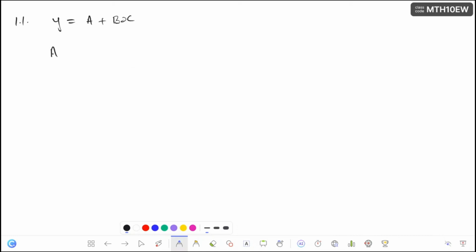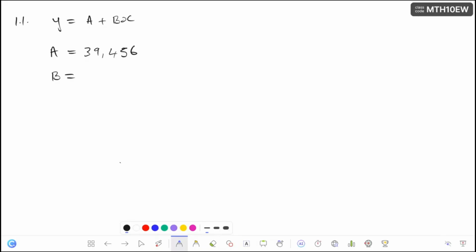In your calculator, we need to find the value of A and the value of B. You will press shift 1, then 5, which is regression. Now we need to know the value of A. I found my value of A to be 39.456. They didn't tell me to round, but in a question paper you need to check if they say round this number to 2 decimal places or something like that.